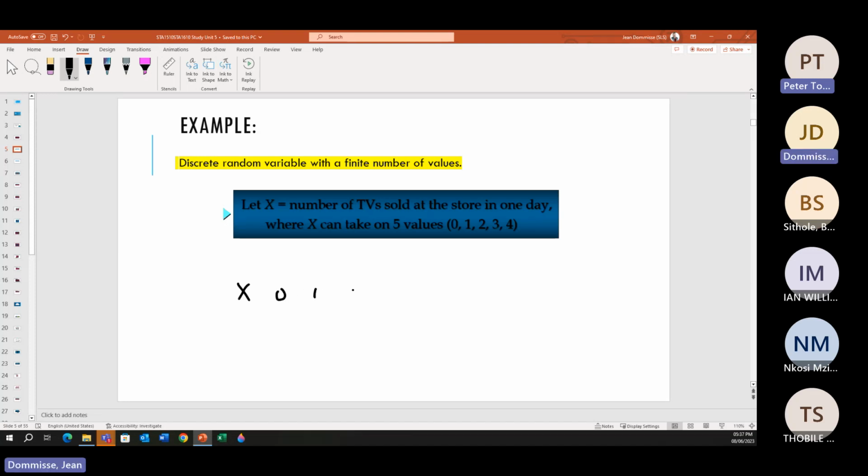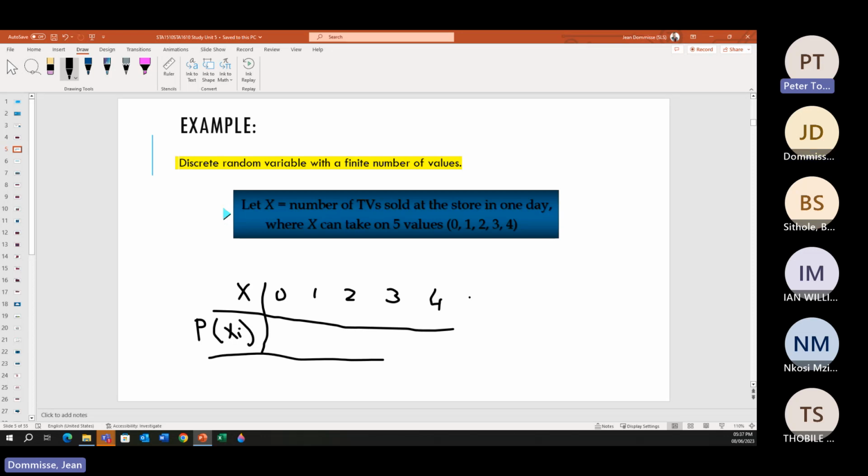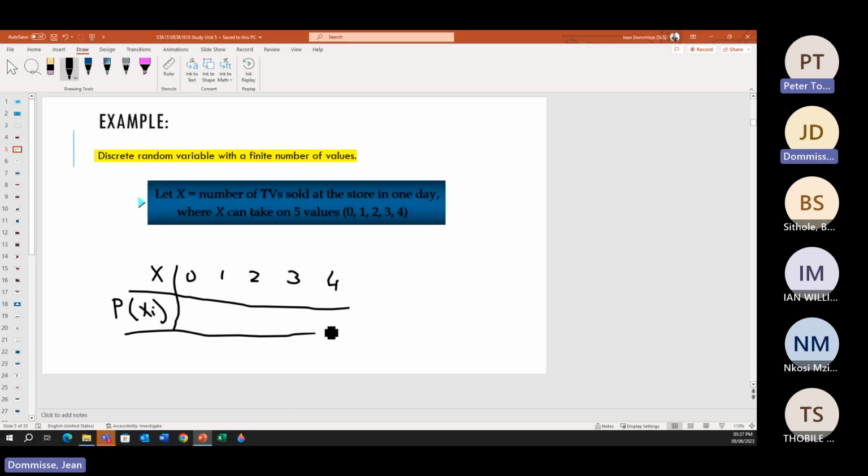If this was with 5 outcomes from 0 to 4, for each one of those there will be a probability. So when it comes to discrete, they need to give it to you. They need to tell you what these probabilities are.